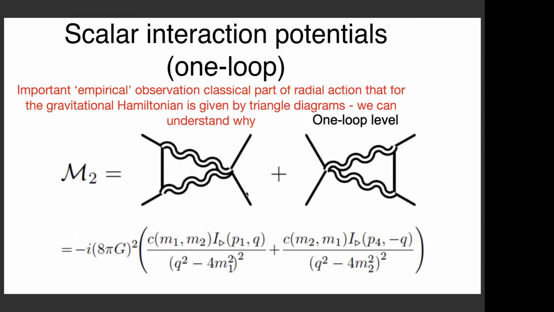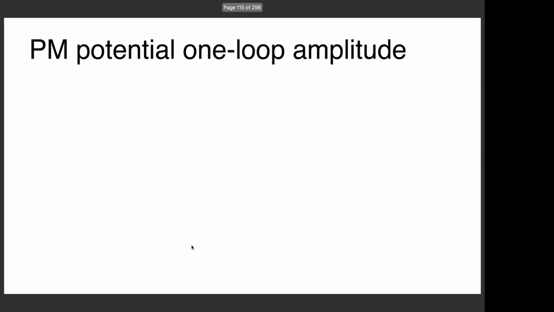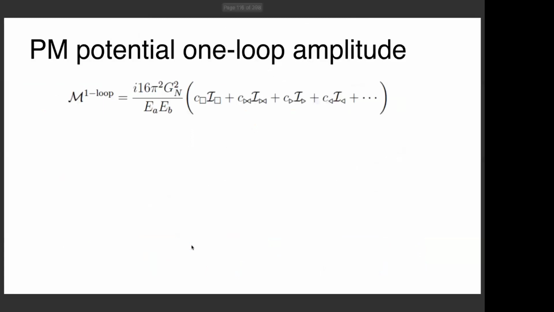Now, before people worked on all this, they made some interesting empirical observations, which is that the classical part, the part that matters for GR, is somehow understood by certain diagrams. So for instance, in this case, we should expect the triangle diagrams to give the main contribution, and that this coefficient here provides the important contribution to the observables.